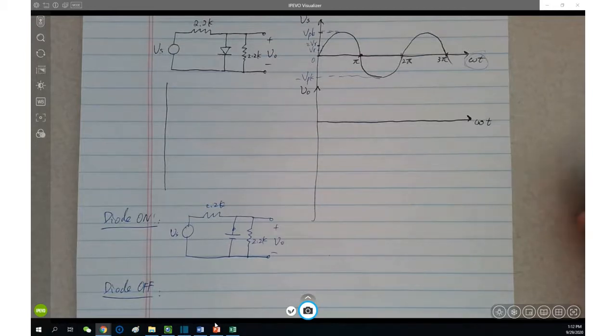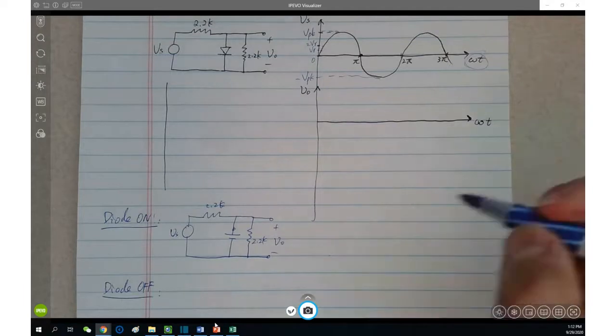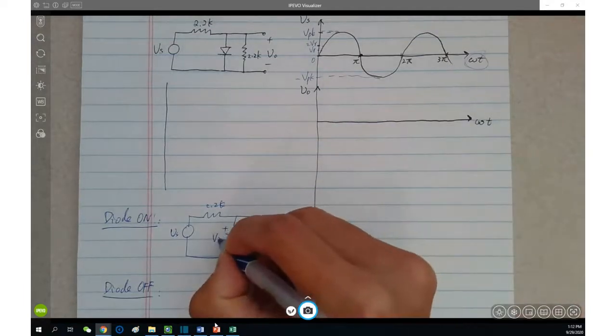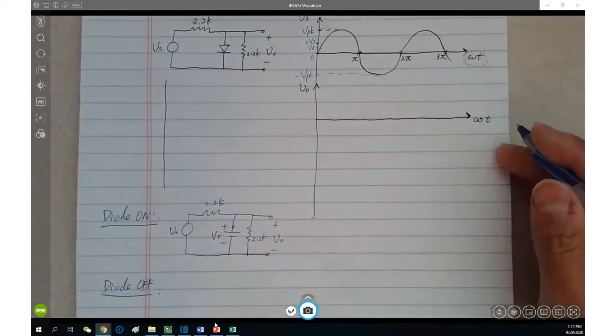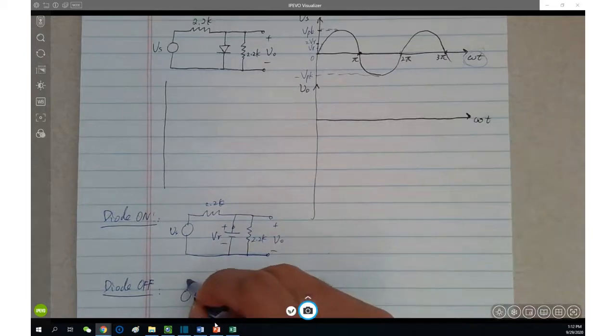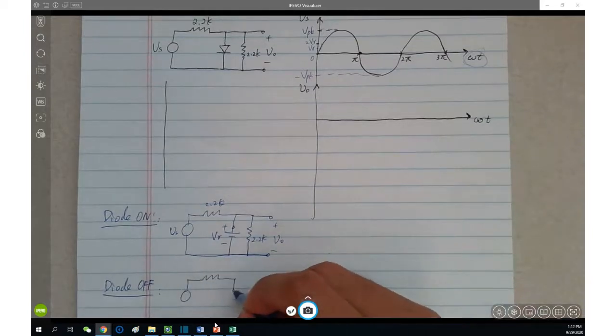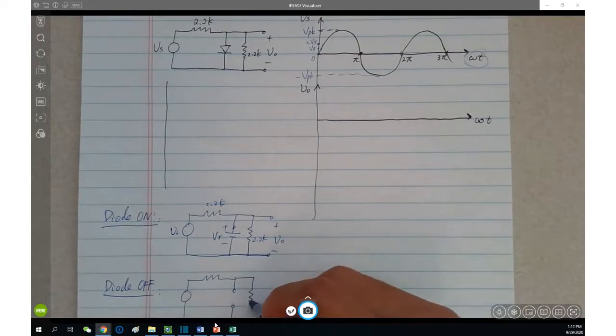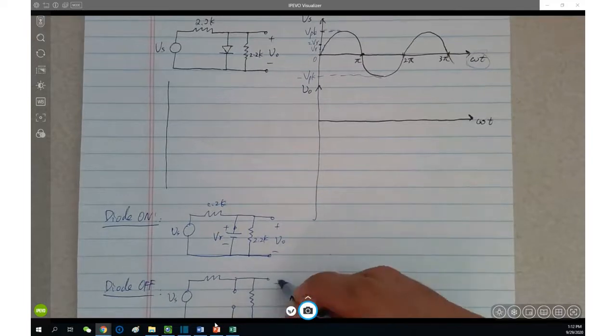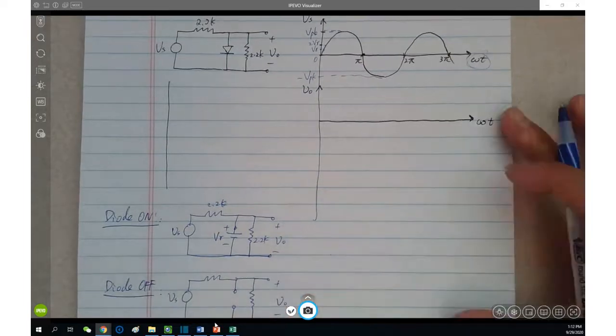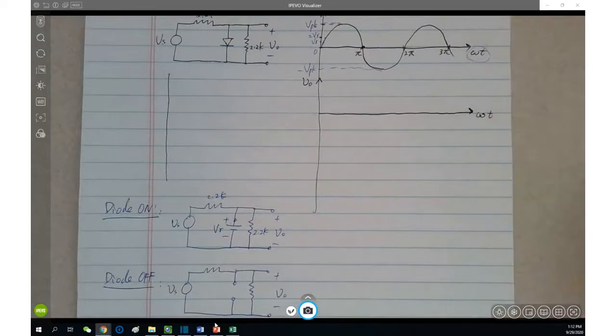The diode is equivalent to a voltage supply, V gamma. Then what if the diode is off? This is the resultant circuit. Does that make sense?